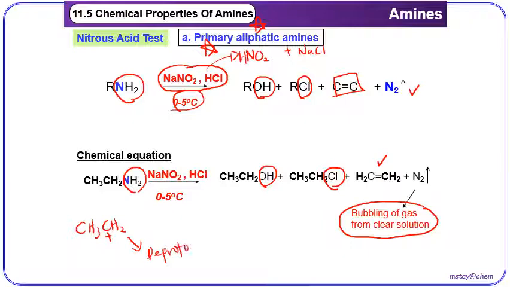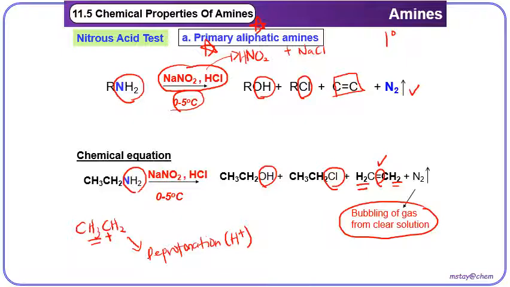So we are going to remove the H+ next to the carbocation, making the CH3 become CH2, so we form a double bond. The carbocation carbon that initially had 2 hydrogens remains the same. From here, we know that a primary aliphatic amine will give bubbles of gas.